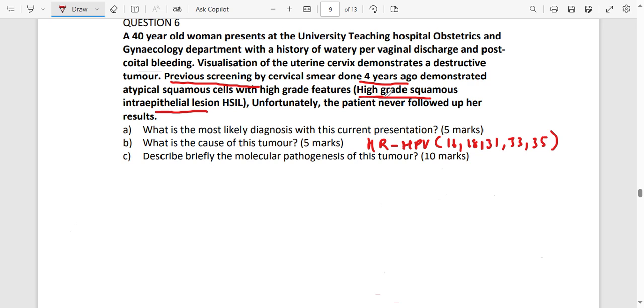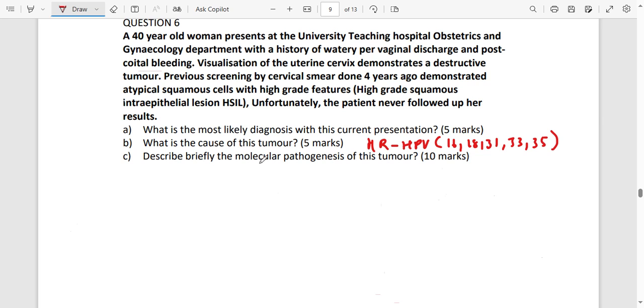They didn't have cancer yet. This was just carcinoma in situ. It is non-malignant. But then they didn't go back, they didn't follow up their results, and that did contribute to them having the cancer. Had they followed up, they would have been treated, and the benign tumor would have been excised before it became malignant.